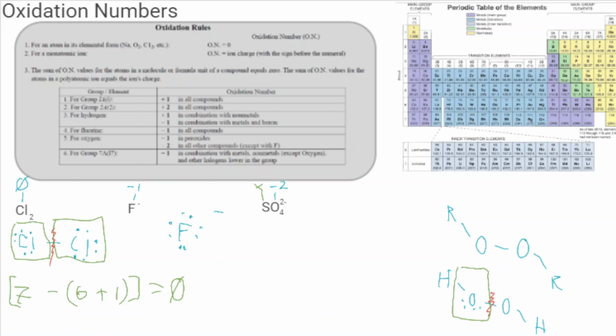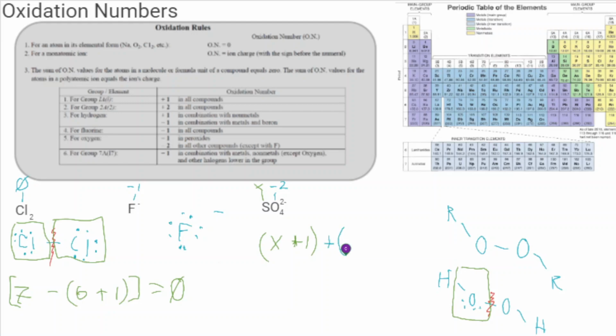Then what we can do is we can say, take the sum of all of our oxidation numbers and have that equal to our charge. So we're going to have x multiplied by 1, because we only have one sulfur. Then we're going to do the oxidation number of the oxygens. So we're going to add those together.